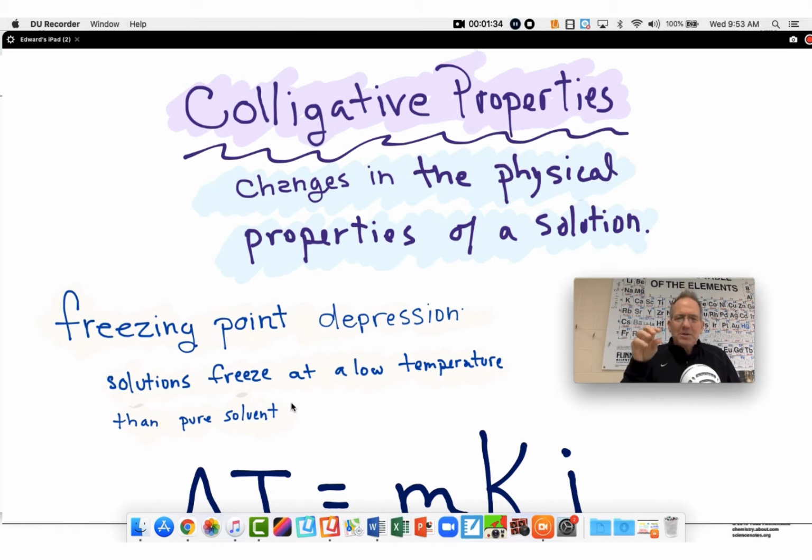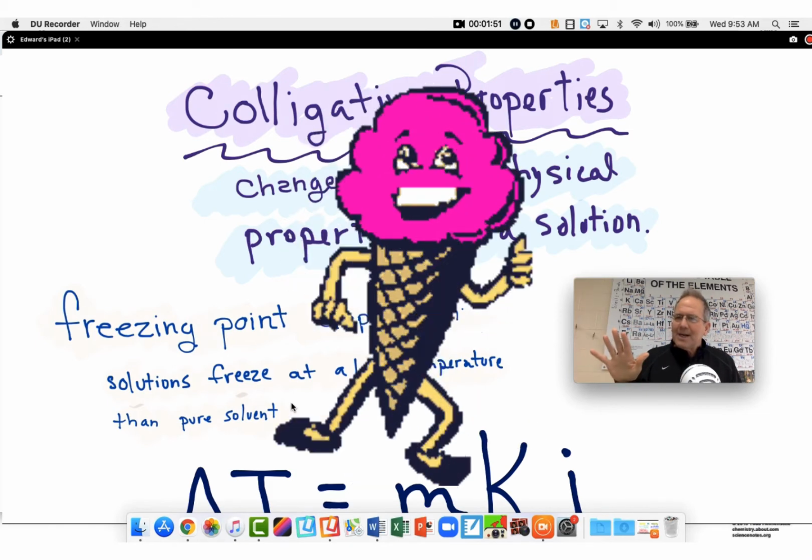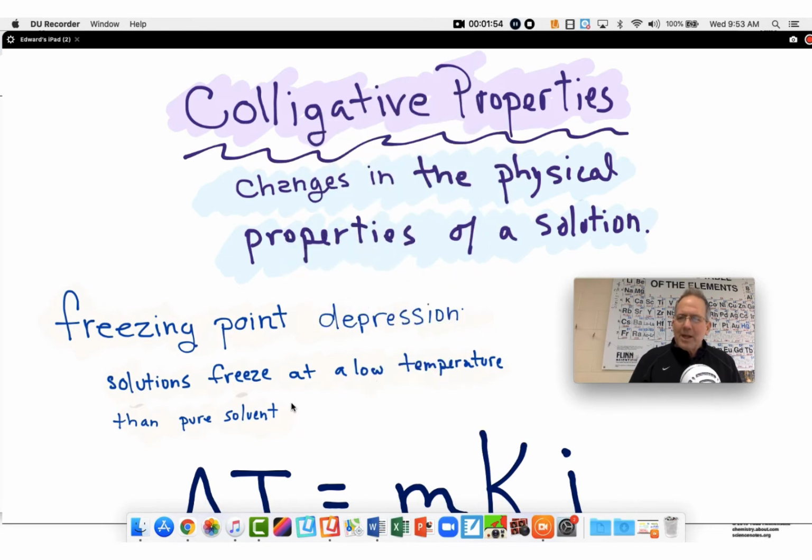The salt in the ice makes the temperature much lower, well below the freezing point of the ice cream mix, and it would freeze solid.